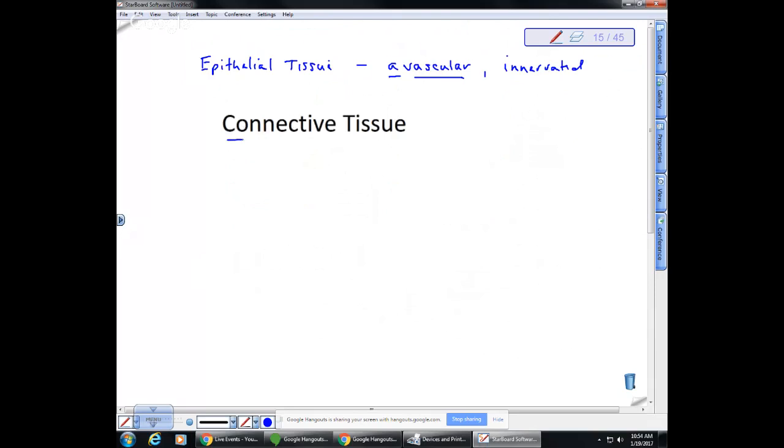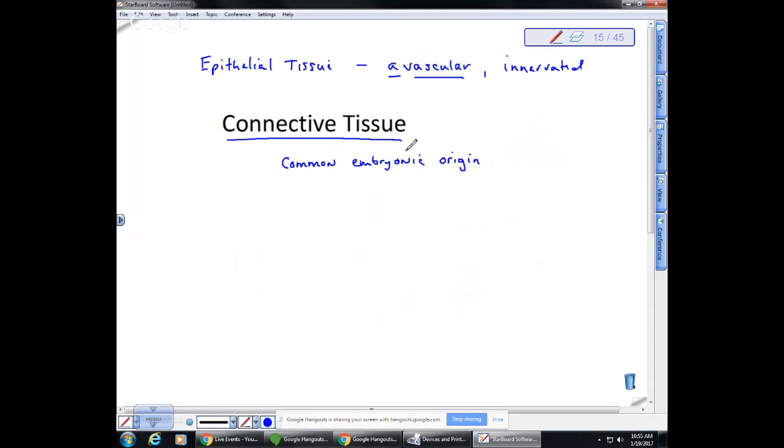But let's look at connective tissue and why all these various types of tissues are grouped together. The first reason is that connective tissue has a common embryonic origin. What that means is that we all start out as a single cell, and as that cell divides, you get groups of cells located in different areas.